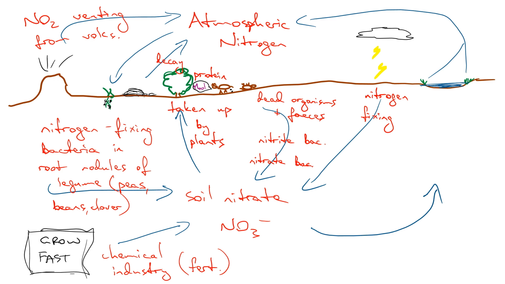Now we can go back up into the atmosphere. We started by going up to the atmosphere with oxides of nitrogen venting from volcanoes. Let's finish by going back up into the atmosphere. This is coming from a swampy area. We've got another type of bacteria, but instead of nitrogen-fixing bacteria, we've got D, because we're taking it away: denitrifying bacteria.